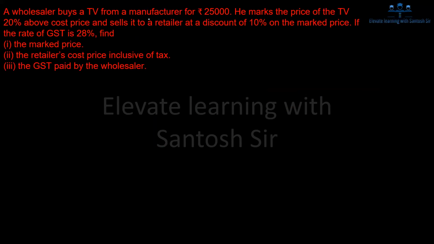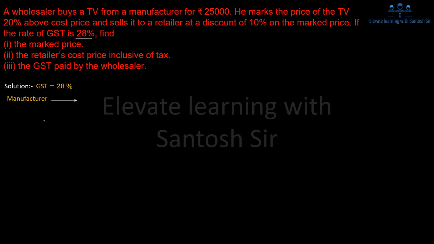A wholesaler buys a TV from the manufacturer for rupees 25,000. He marks the price of the TV 20% above cost price and sells it to a retailer at a discount of 10% on mark price. If the rate of GST is 28%, we have to find many things. Let us start with the given information. The GST is 28%.